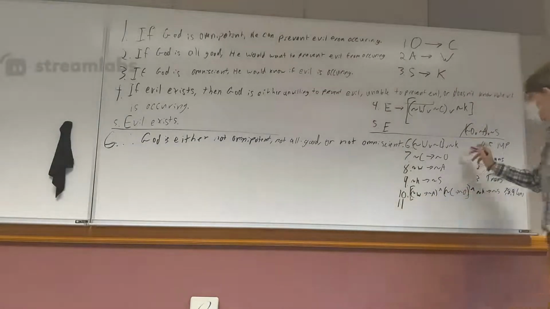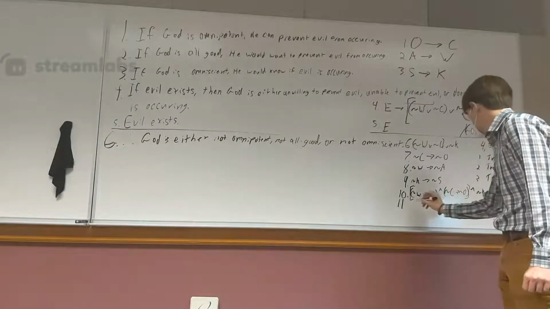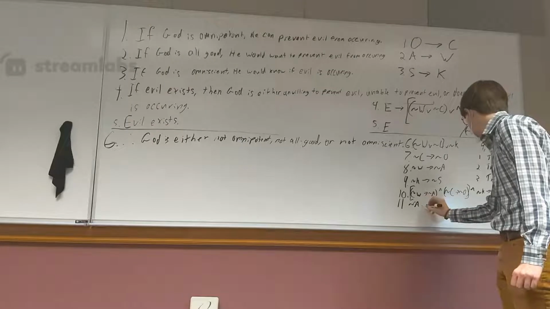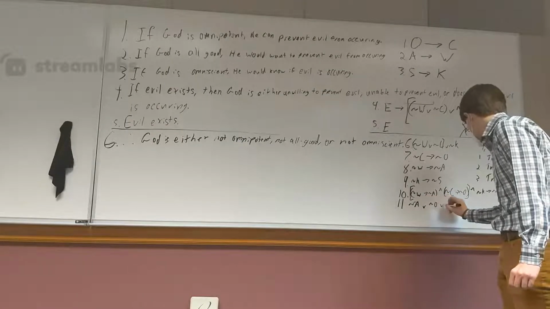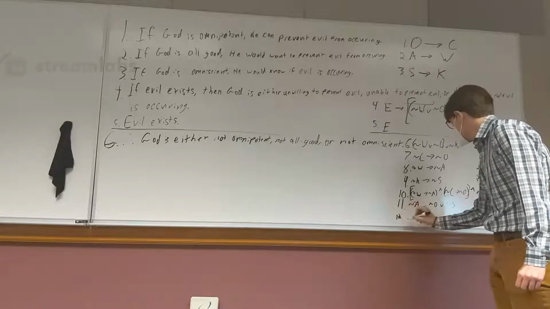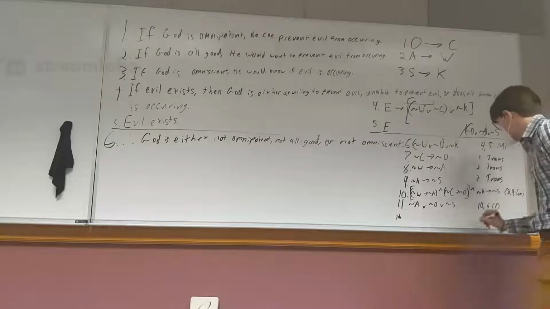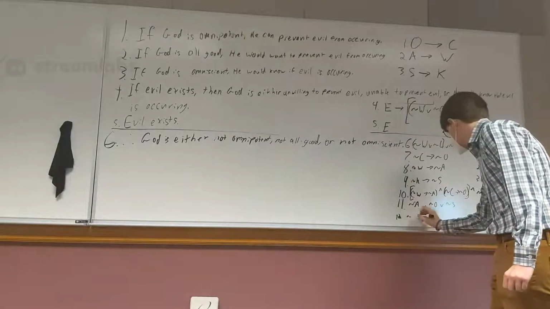And then if you use a constructive dilemma here and here, you should be able to get the conclusion. Or not. Yes. And then you can just 6. You can reorder those using commutativity.